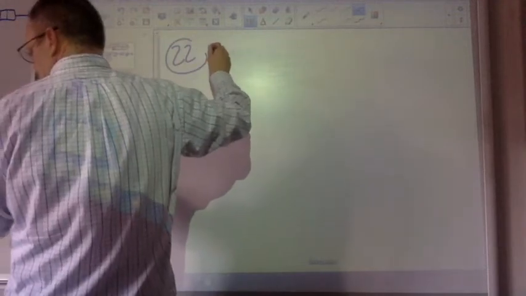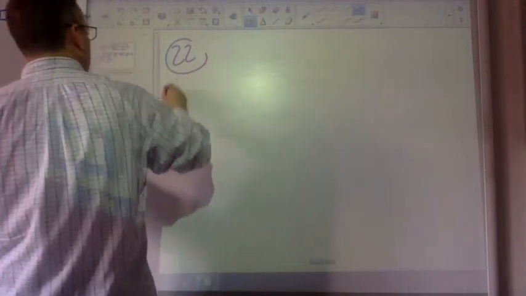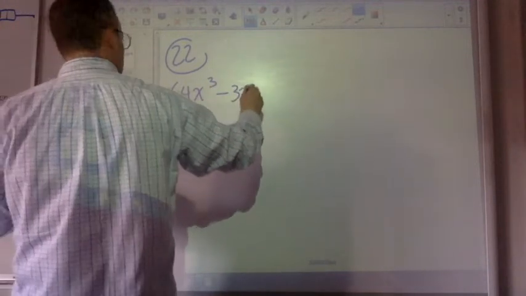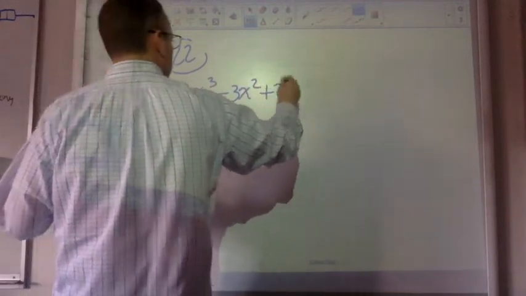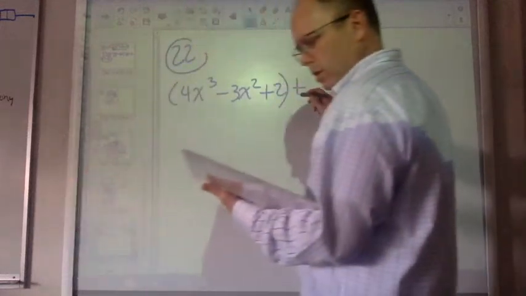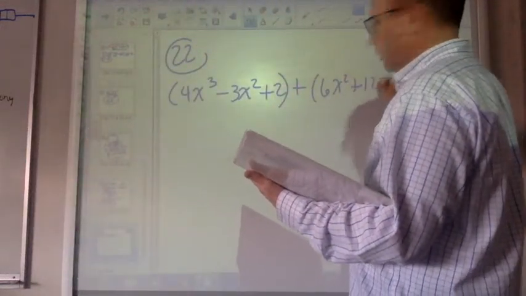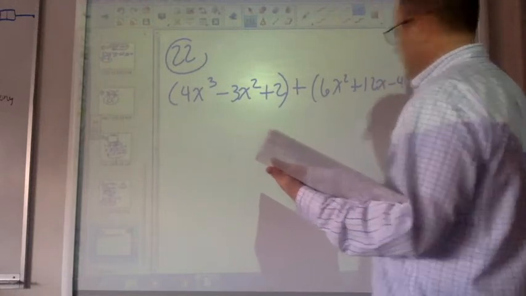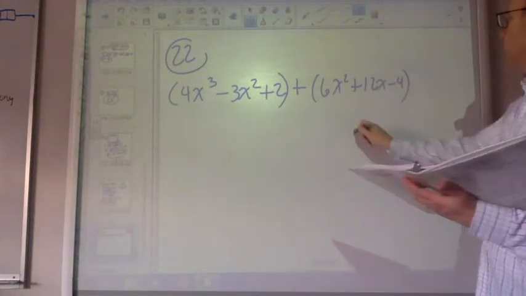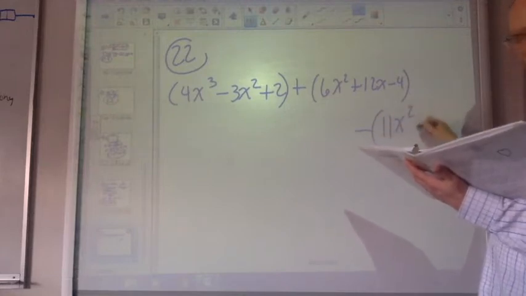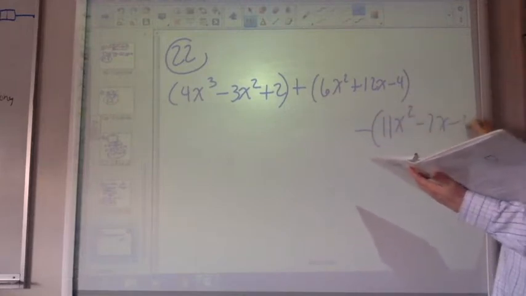All right, so I have 4x to the third minus 3x squared plus 2 plus 6x squared plus 12x minus 4 minus 11x squared minus 7x minus 3.